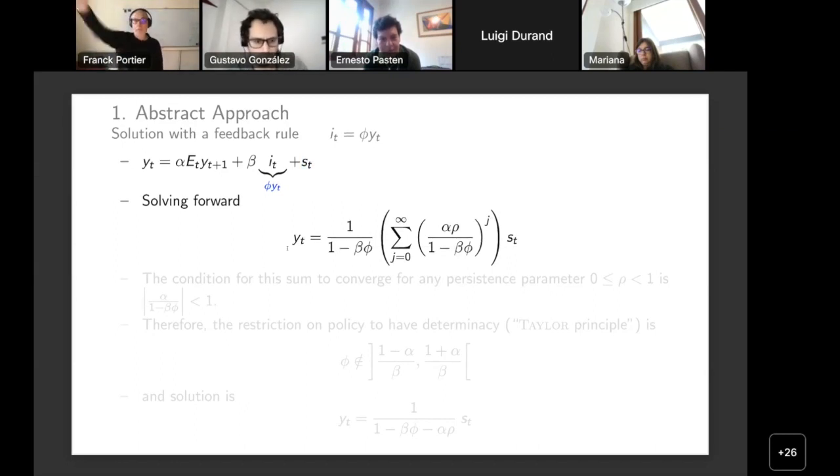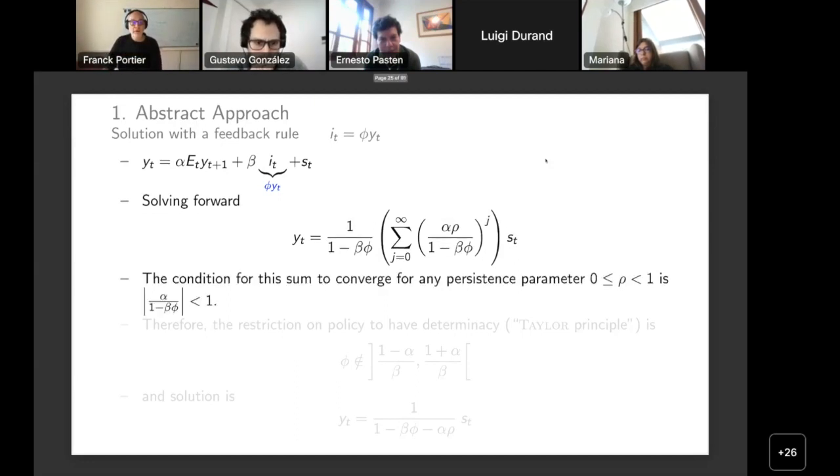It's just infinite sums forward. For the model to be determinate and to have a unique solution, I need this sum to converge, right? So there's a condition for that, and I would like this sum to converge for any value of the persistence parameter rho. So let me assume rho is 1, and a sufficient condition for convergence is that alpha over 1 minus beta phi is less than 1 in absolute value.